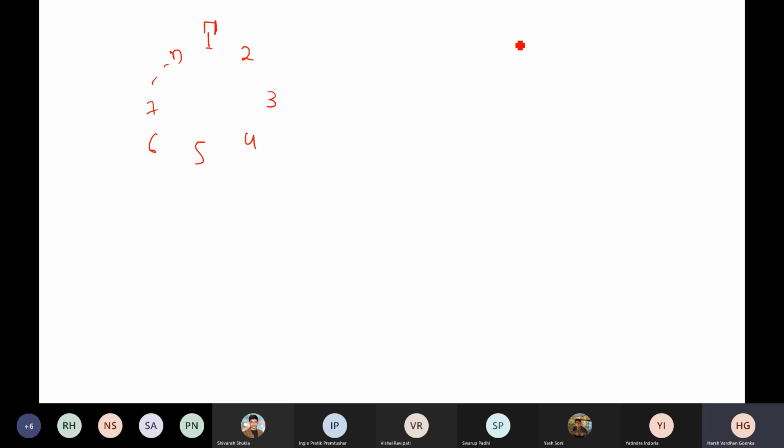I have to make infinite moves. In my first move, I'll move from 1 to 2, that is, I'll move by distance 1 in the clockwise direction. In my second move, I'll move from 2 to 4. And in my third move, I move by distance 3.